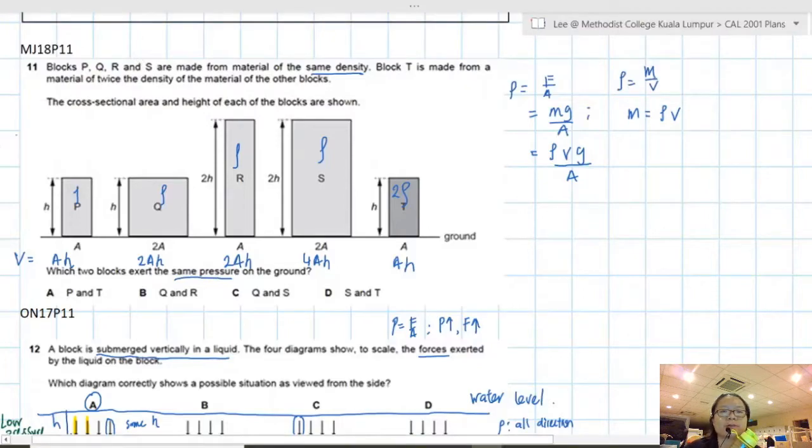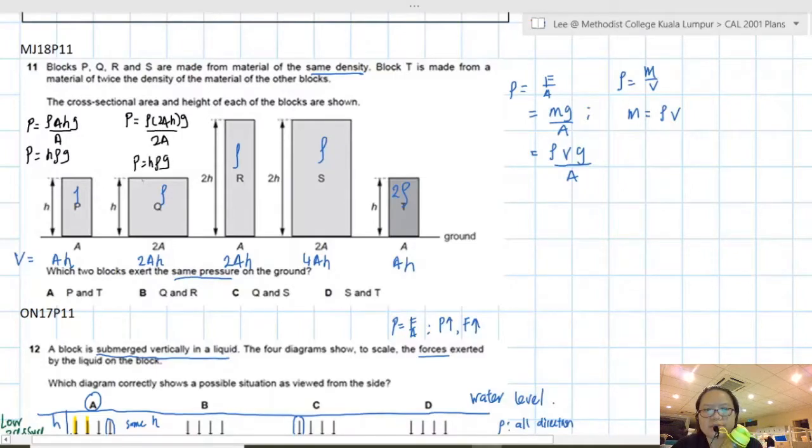So now I'm going to write down the pressure for every single one. So you have the density rho times the volume AH times g over A. So this one will be actually H rho g. Now the pressure here will be equal to rho times 2AH times g divided by 2A.